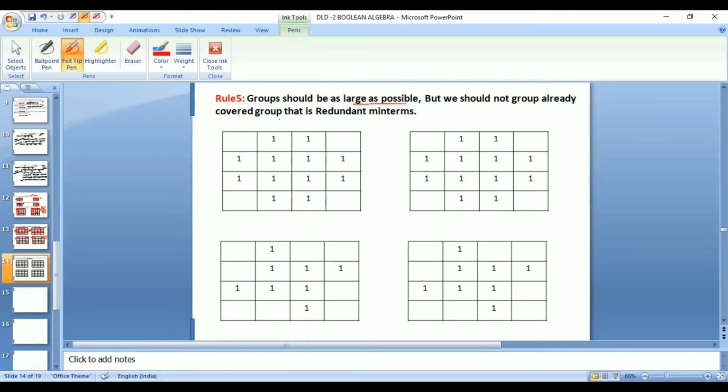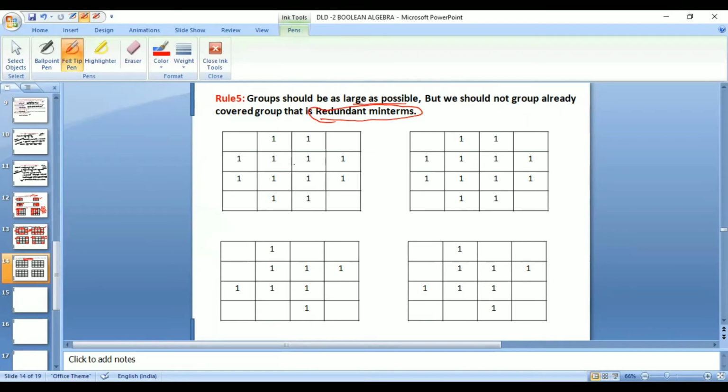If you group those type of minterms, that is treated as a redundant group. First, observe the point here. The group should be as large as possible. So for this particular problem, now the maximum possibility means for this problem.